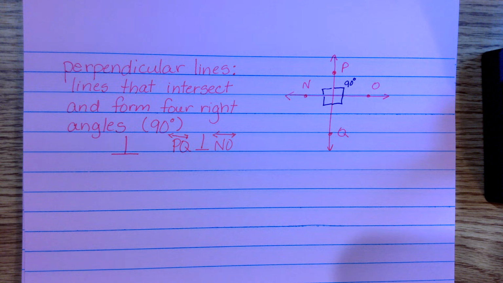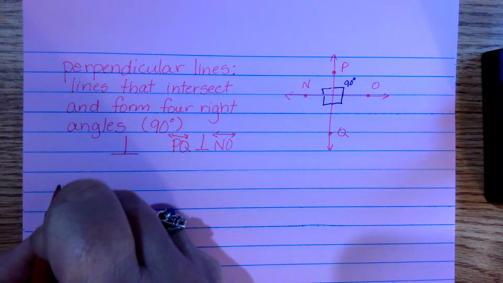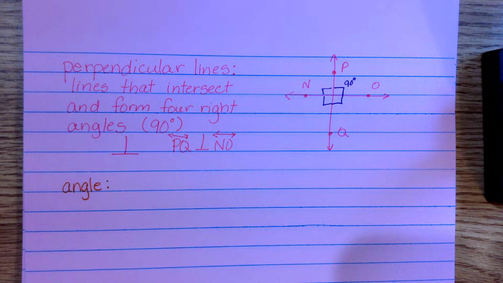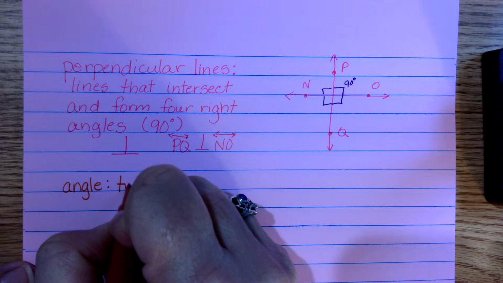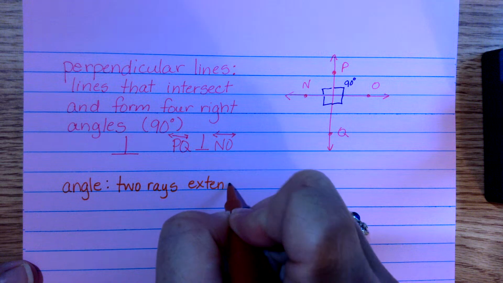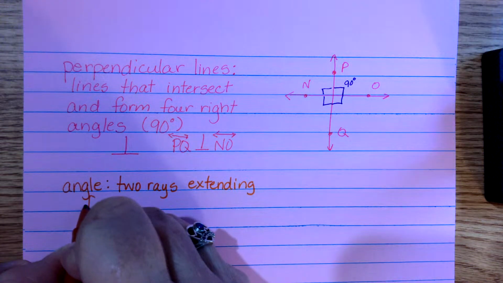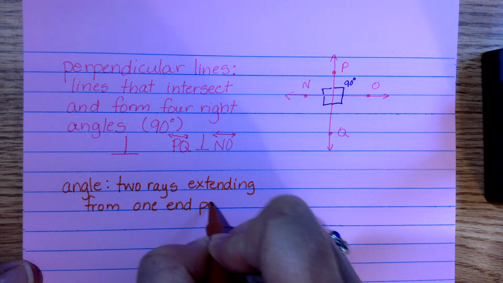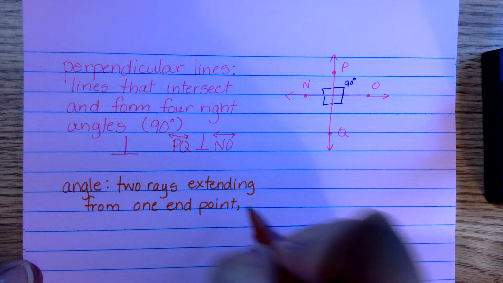An angle is formed by two rays that come from an endpoint called the vertex. Okay, so this is some more really important vocabulary. So an angle is formed by two rays extending from one endpoint that we call the vertex.